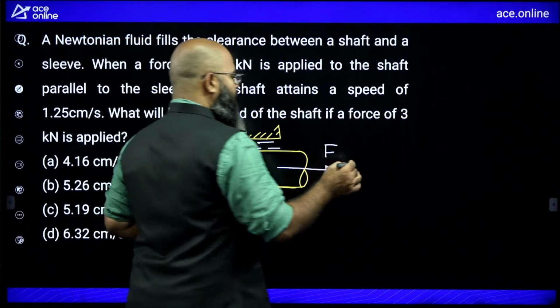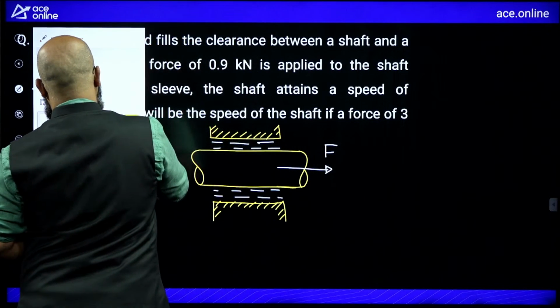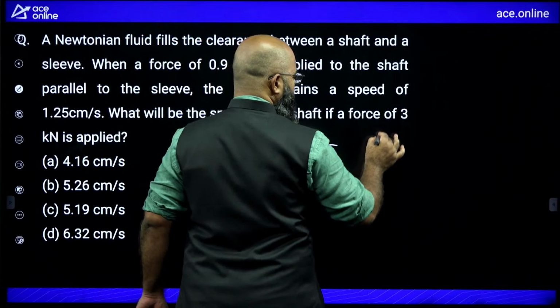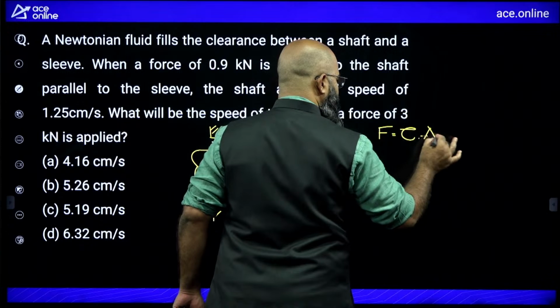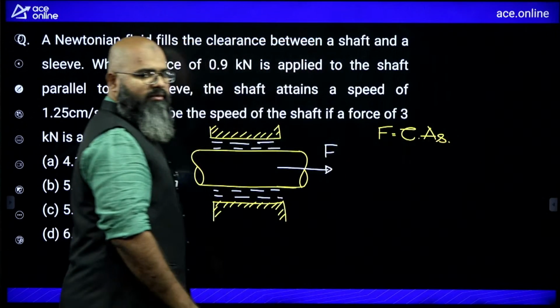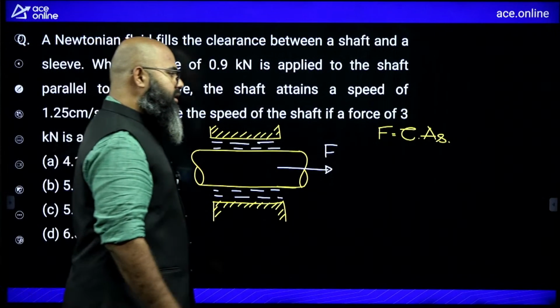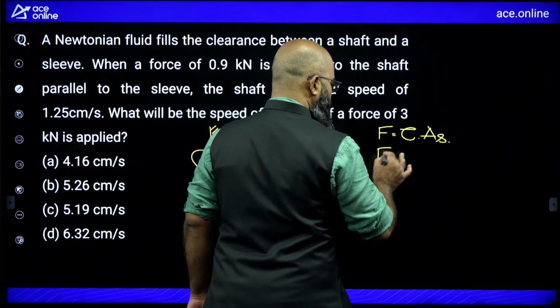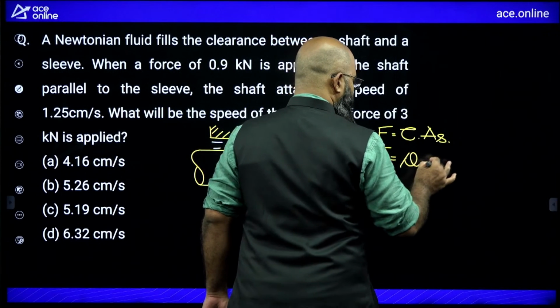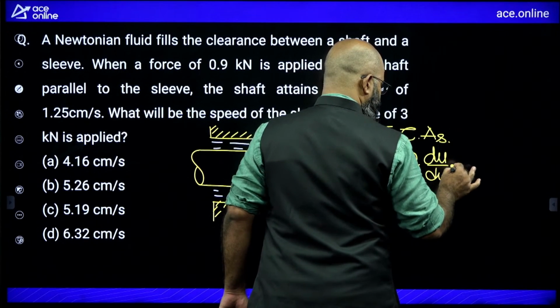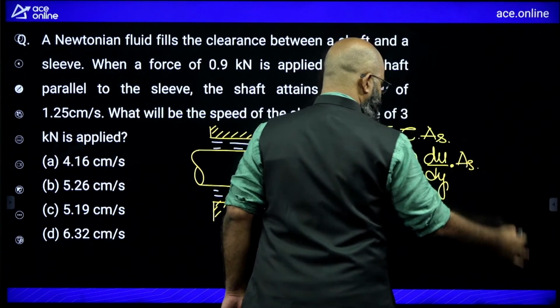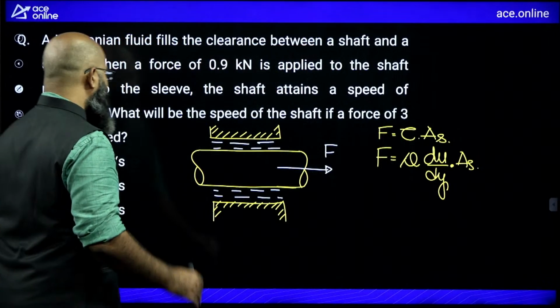If you see, the value of force F will be equal to how much? If you observe, the value of force F will be equal to shear stress multiplied by shear area. Now, shear stress is equal to how much? It is equal to mu multiplied by du by dy multiplied by shear area. Now, what is du by dy over here?